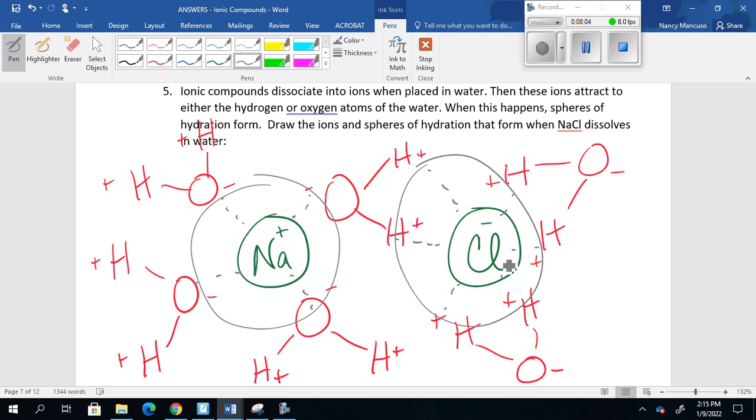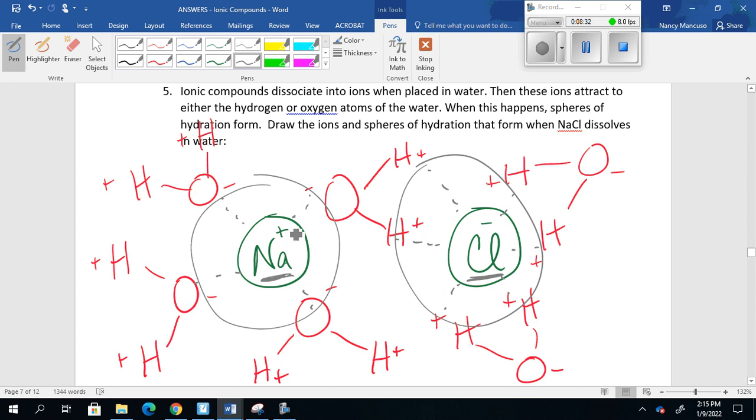I like to think of it as like if I had a handful of salt in my hand, it's the bright white crystal. I see the crystal structure. I know it's ionic. And then I throw it into water. And all of a sudden, it's like it's disappearing. What's happening is the little Na ions and Cl ions are separating from each other and getting surrounded by water.